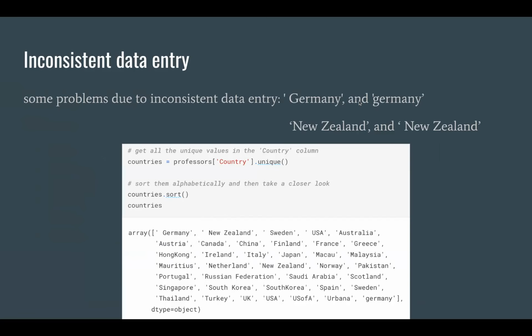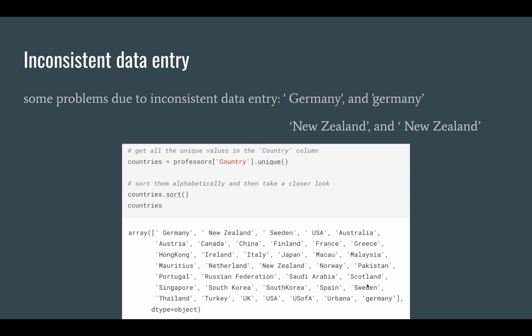Now let's talk about inconsistent data entry. There might be some problems due to inconsistent data entry. For example, we have this space Germany with capital G, but we can also find Germany here without any space, and G is not capitalized.